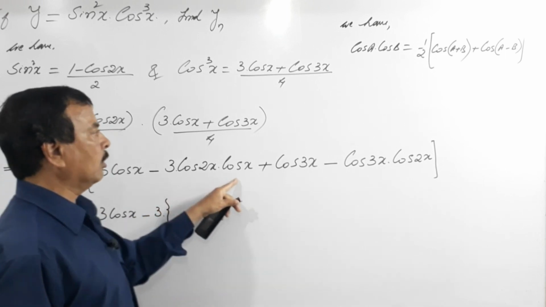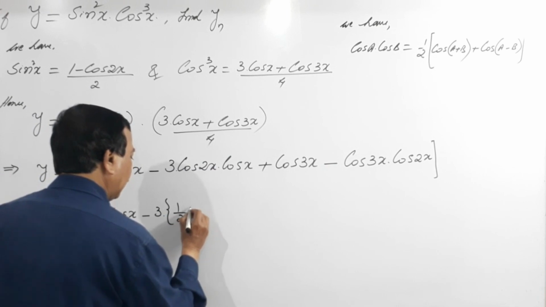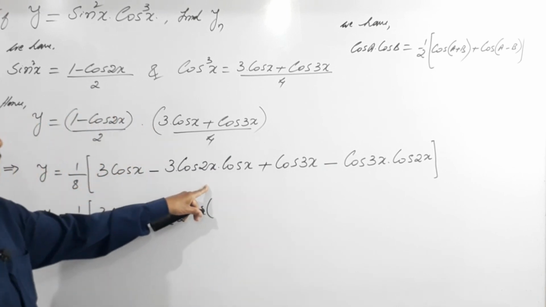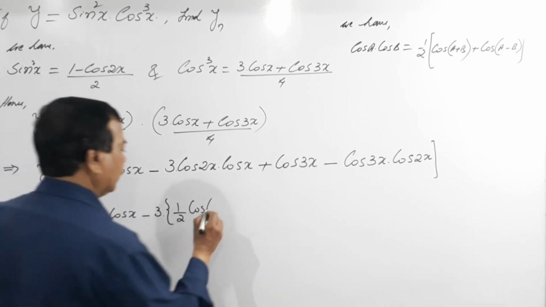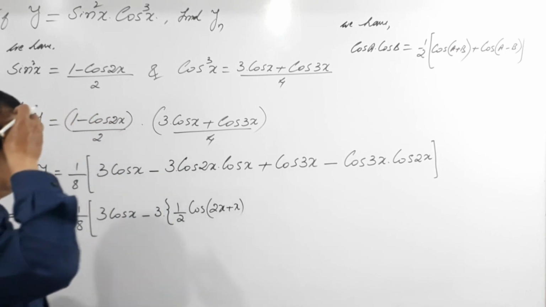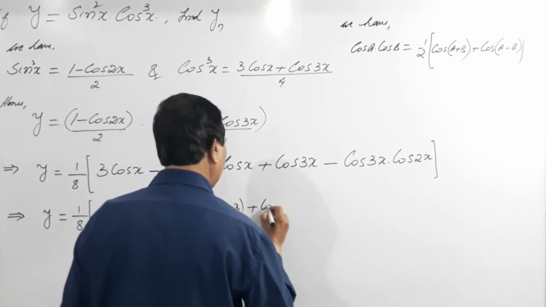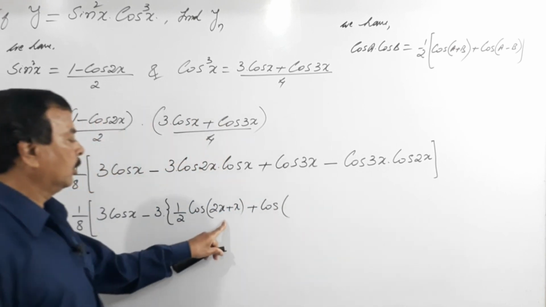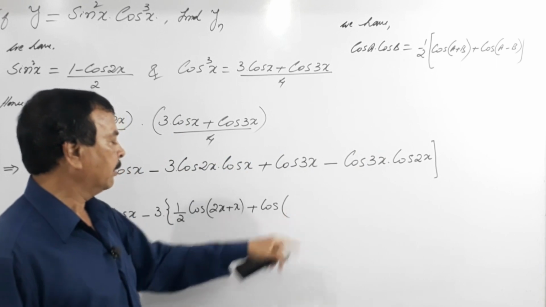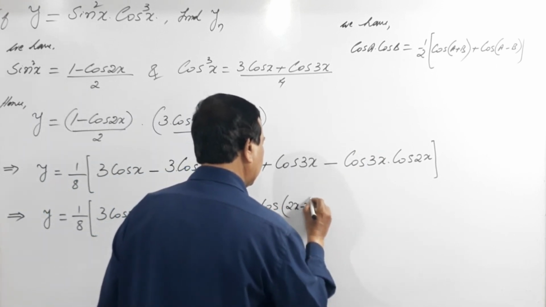So cos A into cos B, that is half into cos of A plus B, that is 2x plus x, plus cos of A minus B. So cos of A minus B, that is 2x minus x.